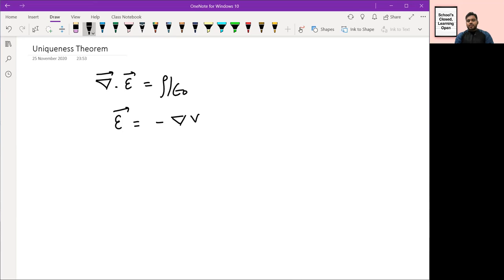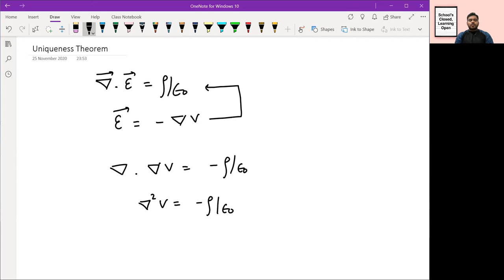Now, if we keep the value of electric field in the first equation, we get del dot del V equal to minus rho by epsilon naught. That is del square V equal to minus rho by epsilon naught.